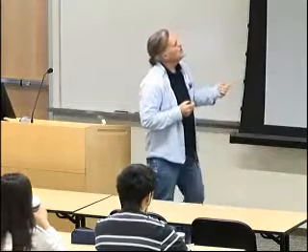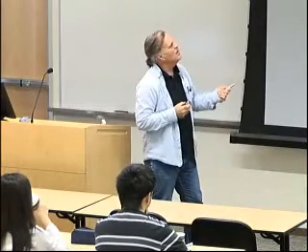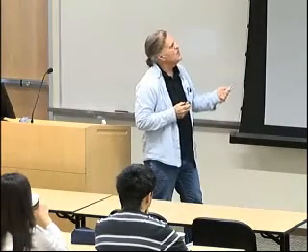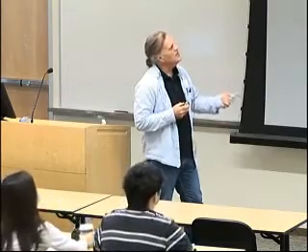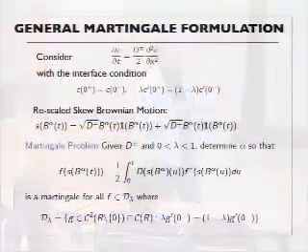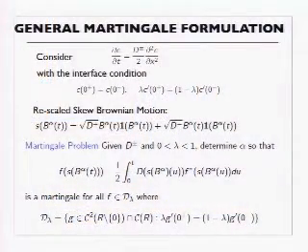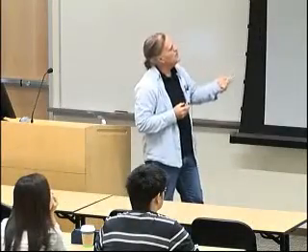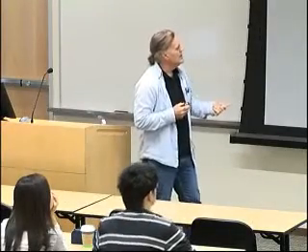So I want to consider the same problem, very much like the Ito-McKean problem, with an interface condition given by lambda, and pose the proper martingale problem. The proper martingale problem, which would correspond to these conditions, is given here.